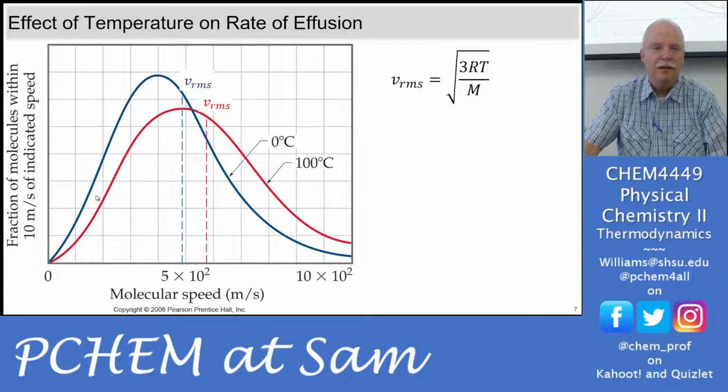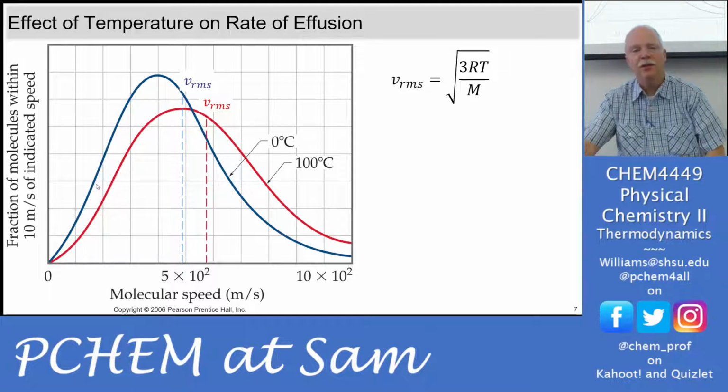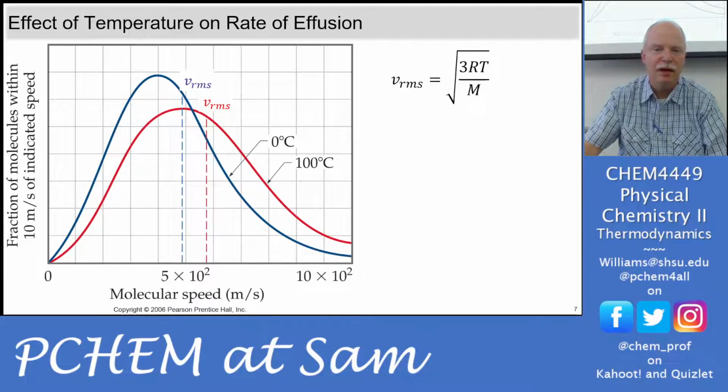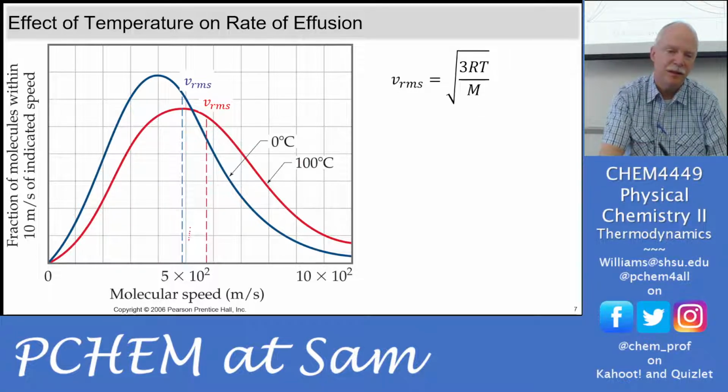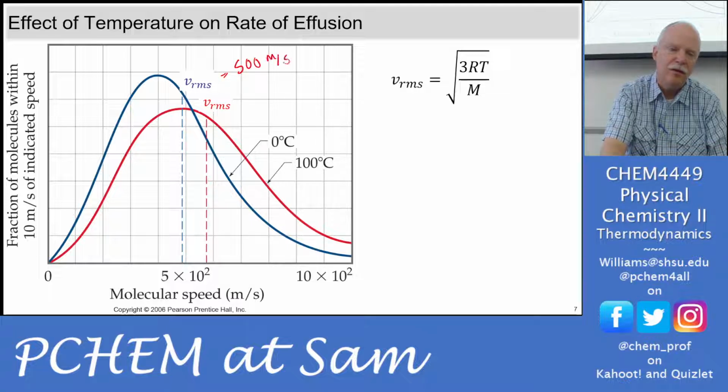So this effect of temperature on diffusion rate, at higher temperatures, you have a higher diffusion rate. And so it's the square root dependence on temperature. So we know the temperatures here. Let's say this looks like 500 meters per second.